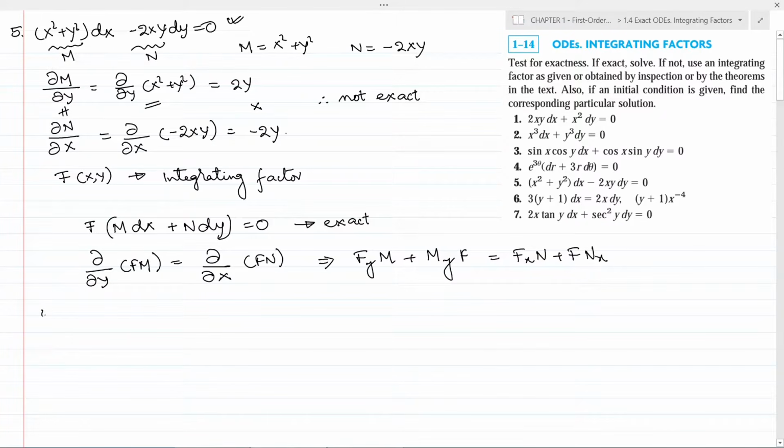Now, if we assume that f equal to f of x, that is only dependent on x, then we have its partial differentiation with respect to y equal to 0 and f_x equal to f dash, as we had discussed in the theory at the beginning of the chapter.